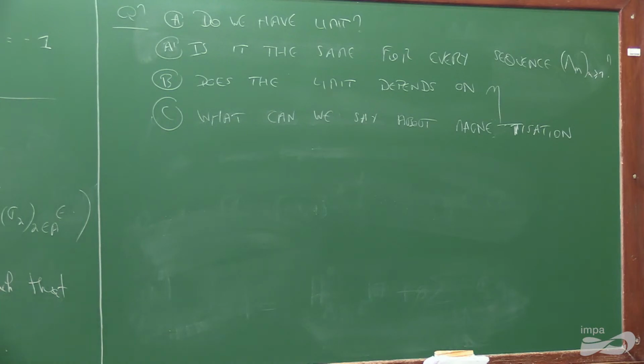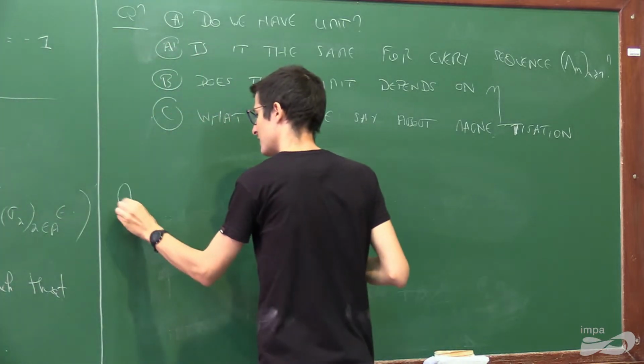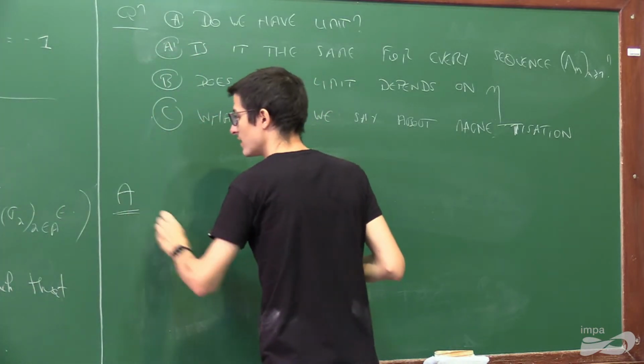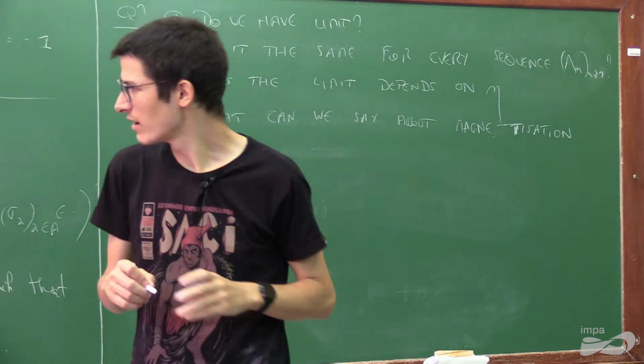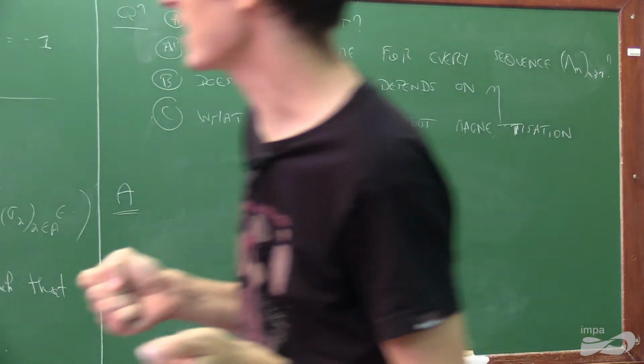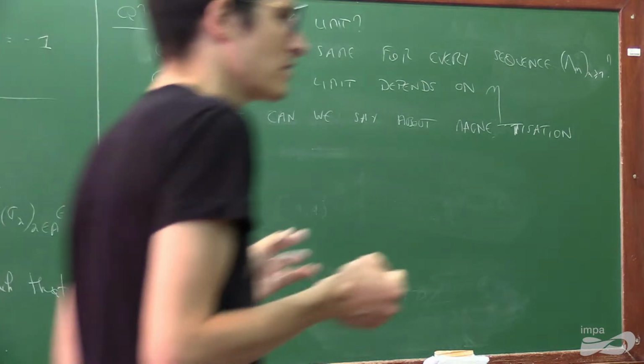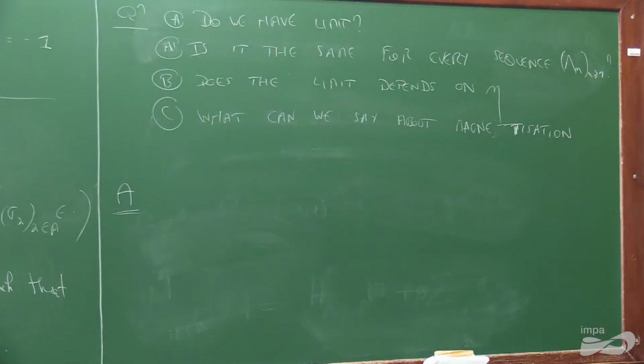So let me write the answer here. What happens very often in statistical mechanics is that you can get a lot of information about the system just by looking at the partition function.